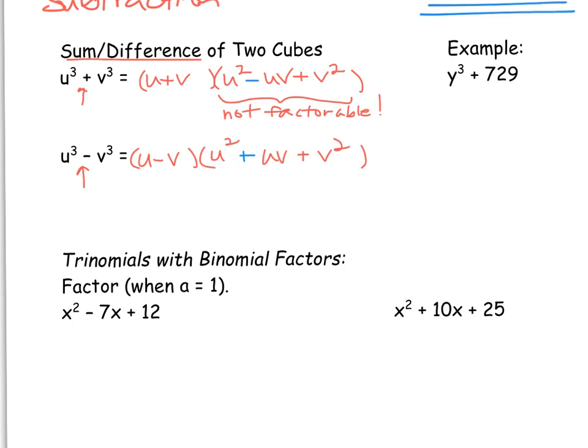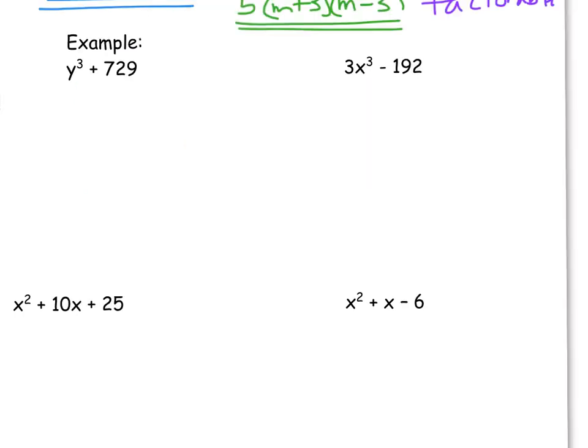The hard part is trying to figure out if something is a perfect cube, so you may want a calculator as reference until you become familiar with some commonly used numbers. Our first example on the right, y cubed plus 729. Y cubed is going to be a perfect cube because it's raised to the third power, so we get away with that one pretty easily.